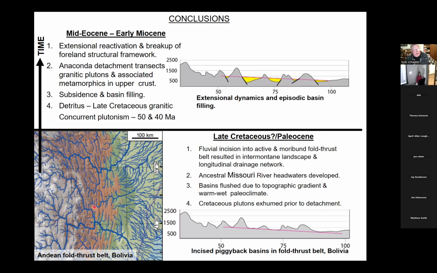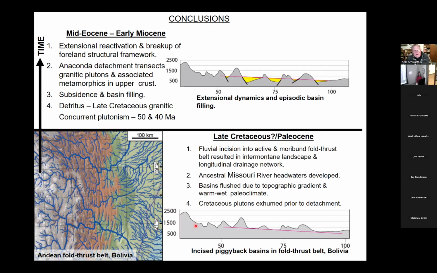To the left here, this is a shaded relief map of the Andean fold thrust belt in Bolivia. And it shows drainage patterns akin to the paleo drainage pattern that I showed earlier in the talk. And what I did was measure topographic profiles across here, the Zagros fold and thrust belt, a number of thrust belts.